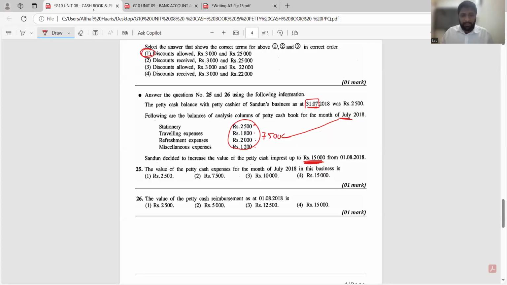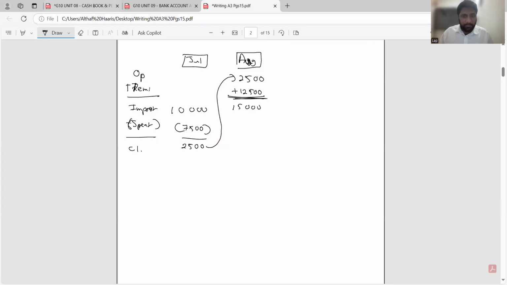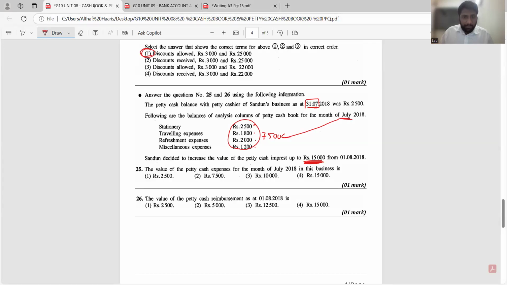So that answer. Sandun decided to increase the value of the petty cash. I think my total is correct. Did I make any mistakes? No, right? First one they are asking the petty cash expense for the month of July, 7,500.